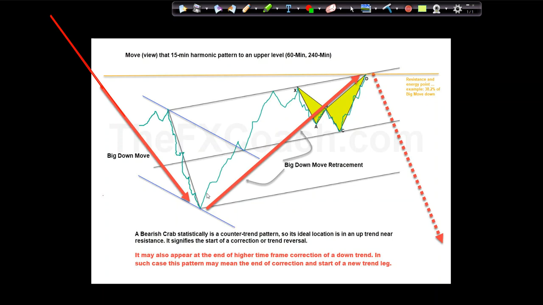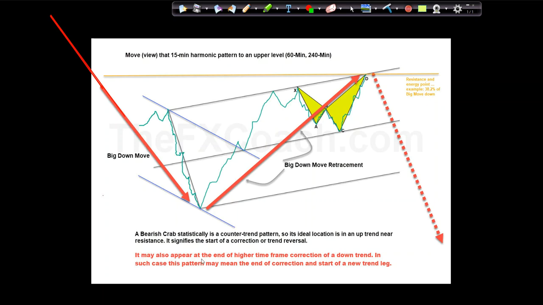All right, so this is just a piece of the move. So let's look at the definition as if this was a bearish crab. Statistically, it's a counter trend pattern, so its ideal location is an uptrend near resistance. It signifies the start of a correction or a trend reversal.